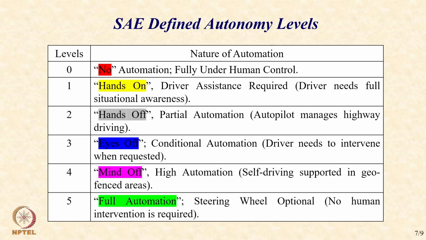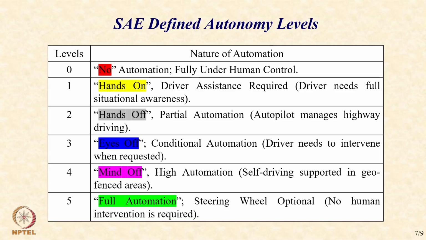This is what is typically called by SAE as conditional automation. Here the driver needs to intervene when requested. There is going to be an alert generated or a voice message saying that please take over the steering wheel, and the driver needs to be alert so that they can immediately take over.